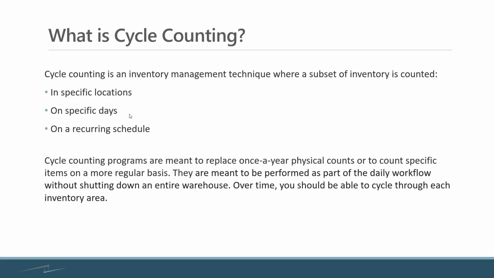They do say that you could probably replace your year-end physical inventory by putting in a program like this. I haven't found that to be the case with most companies, because most companies do want a once a year audit snapshot for their auditors. But if it's done right and well implemented, it can actually replace the need for a full physical inventory at year-end.